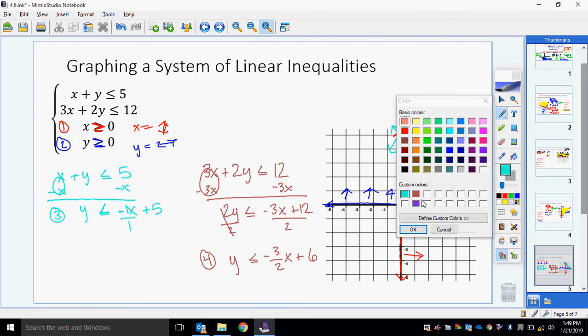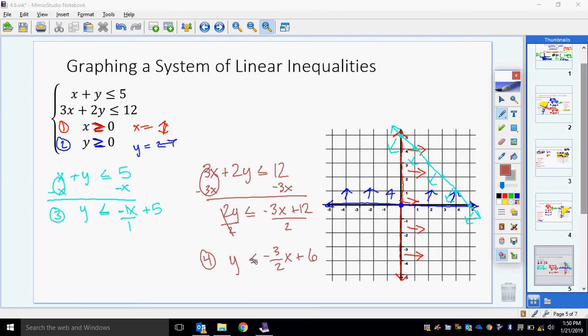And let's do this rust-colored line. I'm going to start with my y-intercept at 0, 6. You can just kind of picture a 6 up here. And then a negative 3 and a positive 2. So I'm going to go down 3 and then right 2.